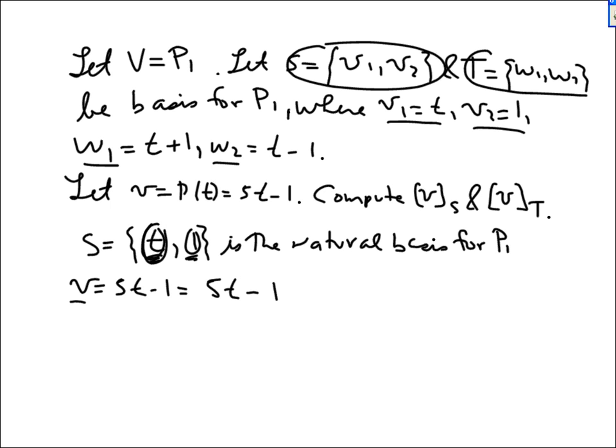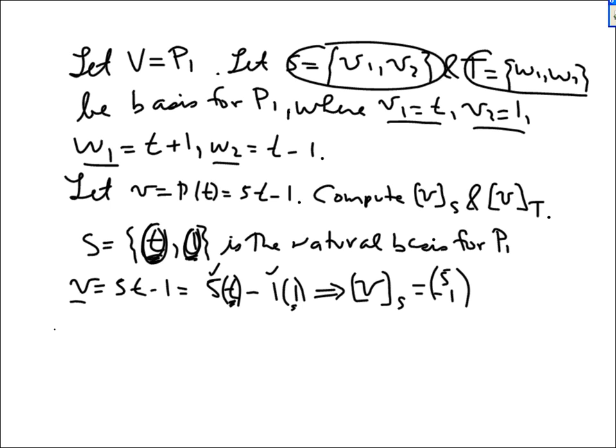It is 5 of these minus 1 of those. I mean, if you like, I can write minus 1 times 1. These are the basis vectors. So V in brackets sub S is the scalars. 5, negative 1.